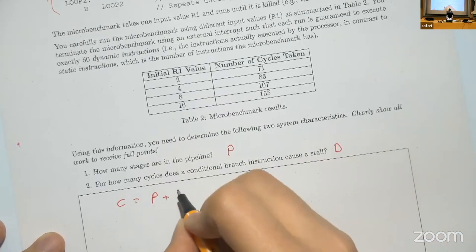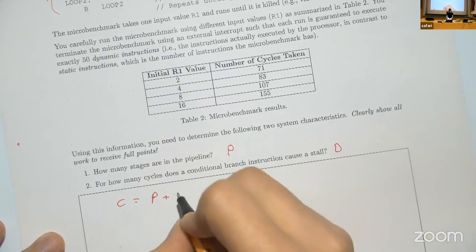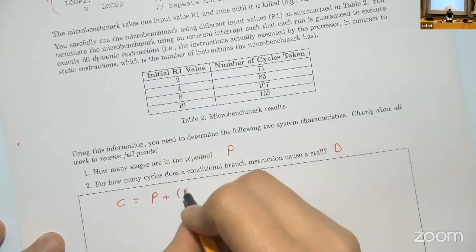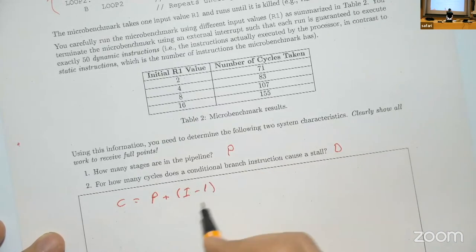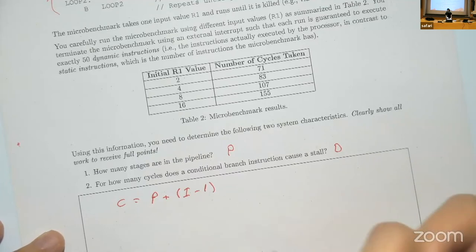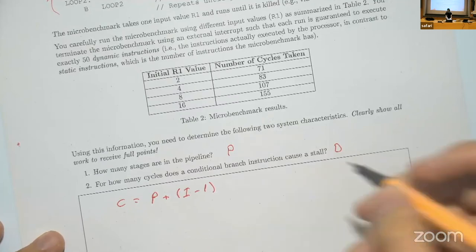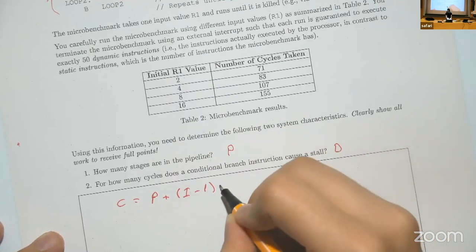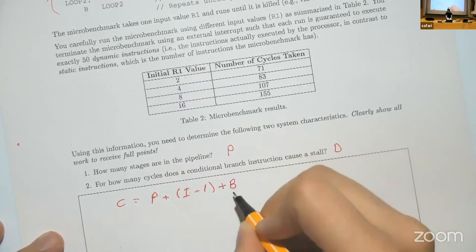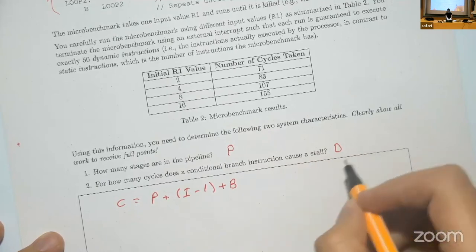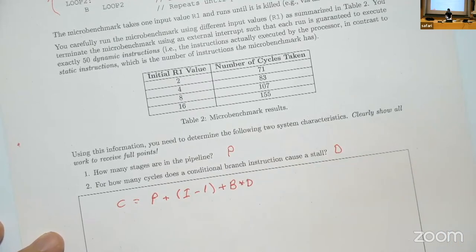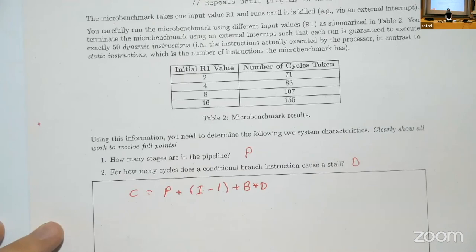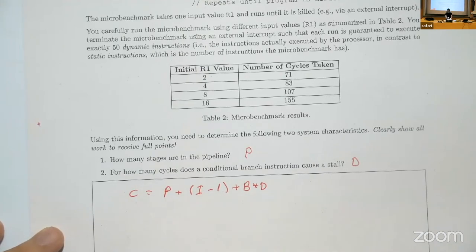So the other instructions, let's say the total is I, will take this many cycles. This is the number of cycles we would get if we didn't have any stalls. Let's say B is the number of conditional branches. Each time we see a conditional branch, we are stalled by D. So that's the final formula for the number of cycles.